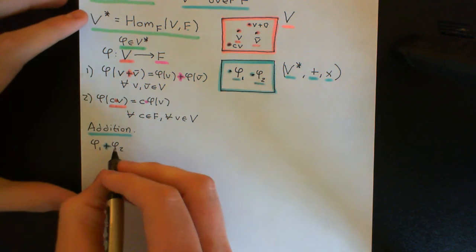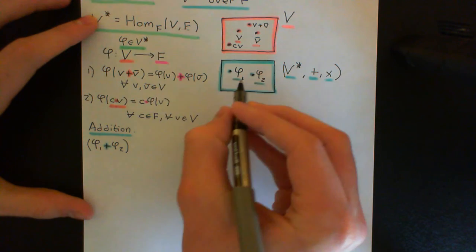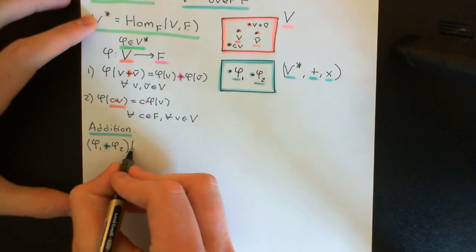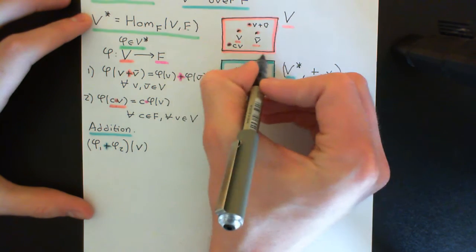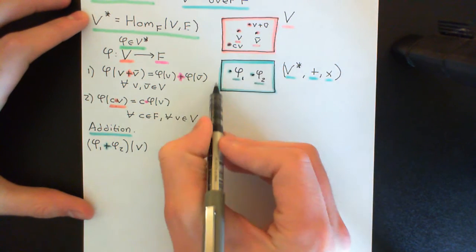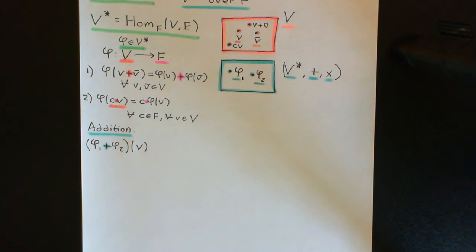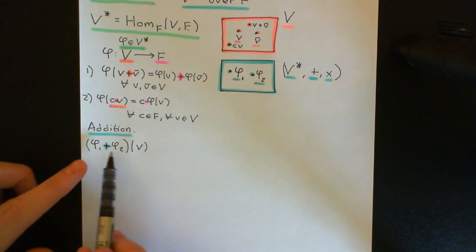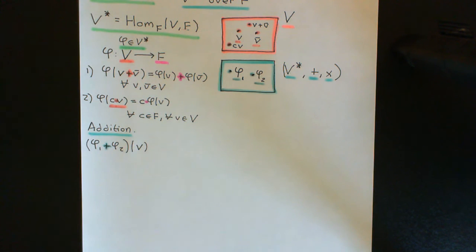Well, the way I'm going to define it is that this mapping, phi1 plus phi2, the element in the dual space, is going to map any vector in the initial vector space V. So remember, all the elements in the dual space are, after all, linear maps from the initial vector space V to the field capital F. Let me define what mapping this is going to be, and then we'll make sure that that is a mapping in here.